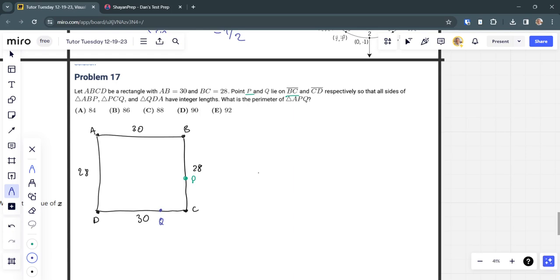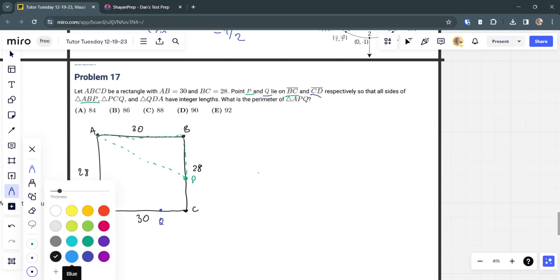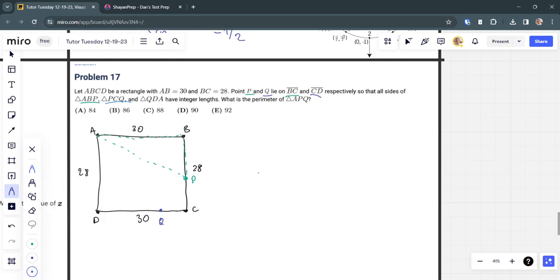Let's say P is like, I don't know, here. Q in a different color is here, but they could really be anywhere, I guess. And the triangles ABP, okay, let me do that in green. ABP is this triangle. PCQ, we'll do that in this blue right here.